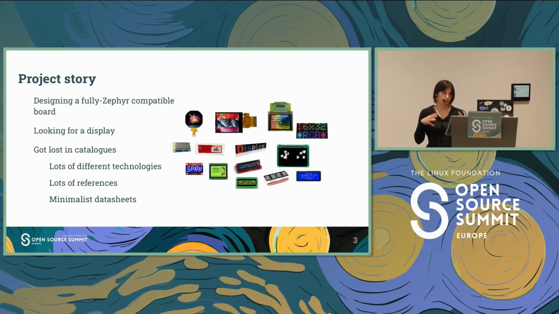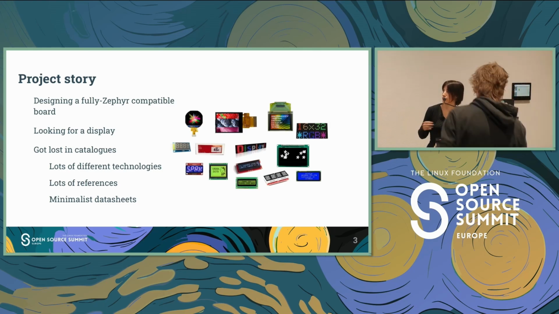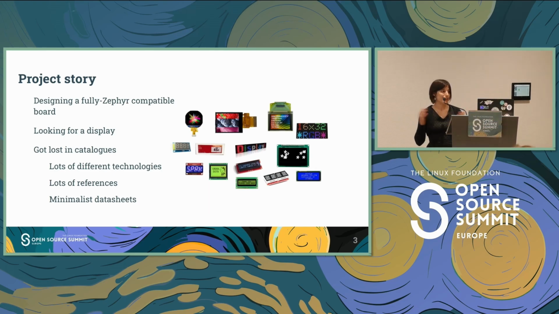I wanted a display that's in catalogs, more with an FPC connector. So I started looking for my perfect product, and that's where I got completely lost with the references and the different texts, and that's why I wanted to make a guide in order to make sense of all I learned during this process.